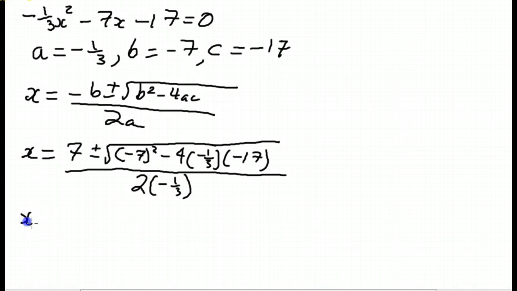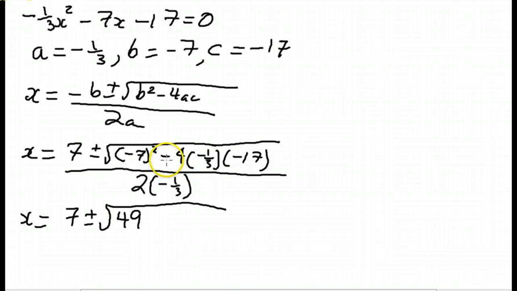Okay, let's go simplify. 7 plus or minus the square root. Well, negative 7 quantity squared. Remember, this is always, always, always positive. So positive 49 minus, okay, these two together are going to make a positive, right? A negative times a negative, and then we'll be subtracting. So we have, there's no common factor.